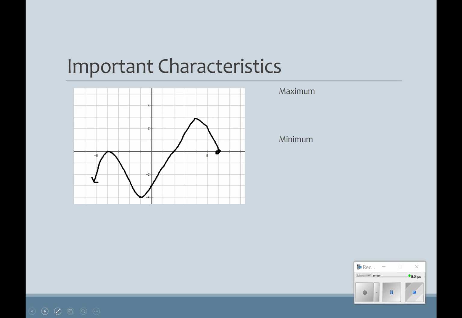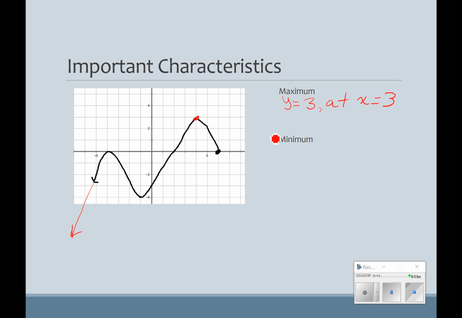Now, my graph has a maximum. My highest value, again, is going to be y equal to 3. And it happens where x is equal to, so I'm going to say at x equal to 3. Now, my minimum, my graph doesn't have a minimum because it goes on and on and on.